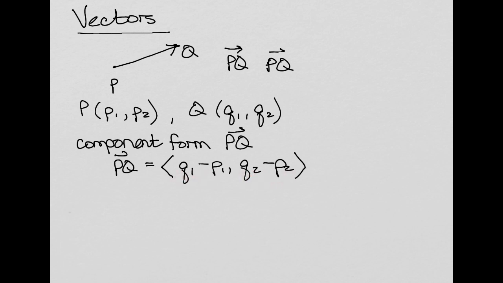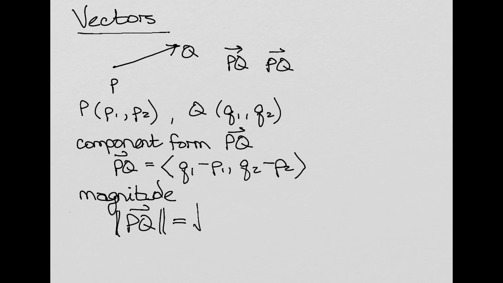If I want to know the length of my vector or the magnitude of my vector, a lot of the time we see it with two lines, kind of like absolute value idea. But some books use one line. I'll try and remember to use two. This is the length, the distance from P to Q. Well, we have a formula for that. It's the distance formula.